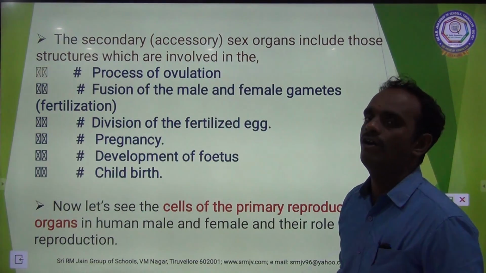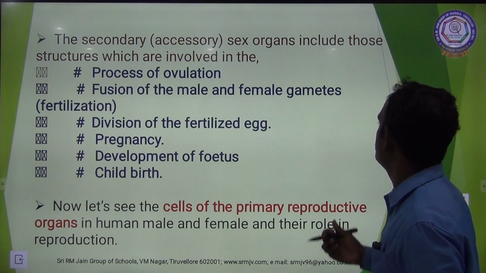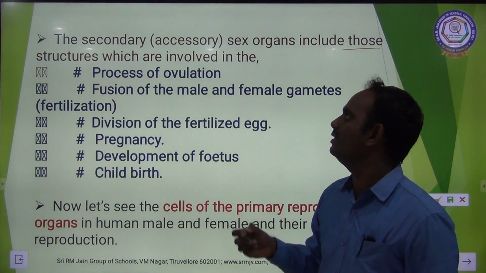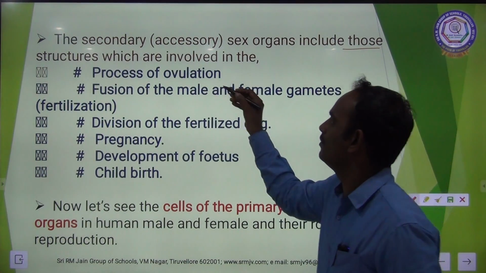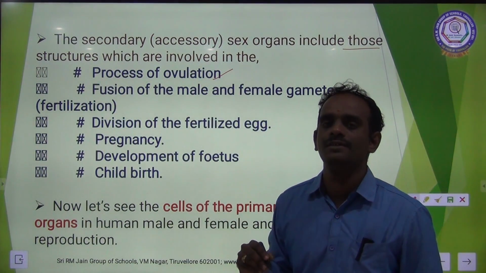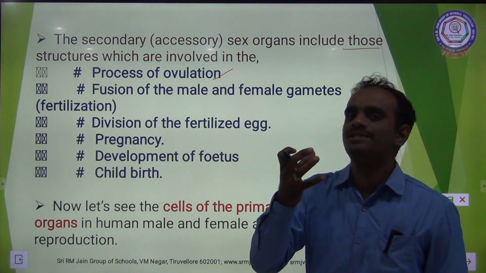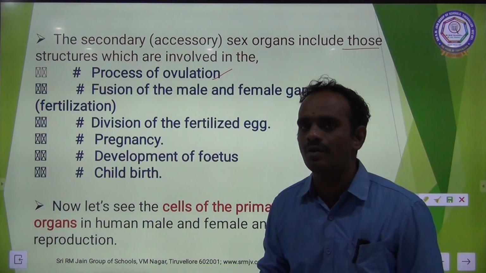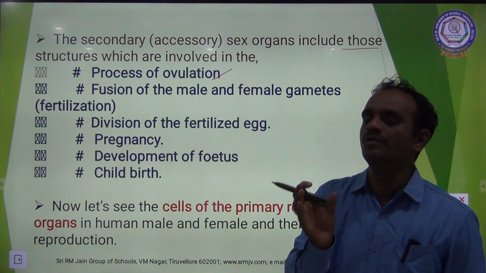The secondary or accessory sex organs include those structures involved in the process of ovulation. What is the meaning of ovulation? The rupturing of Graafian follicles to release a mature ovum is called ovulation.